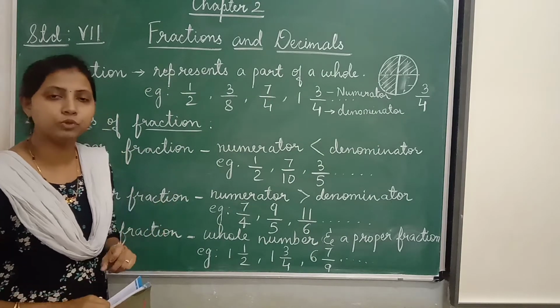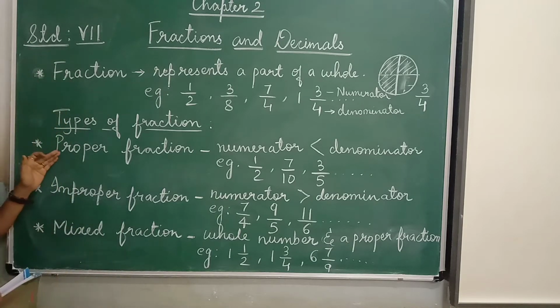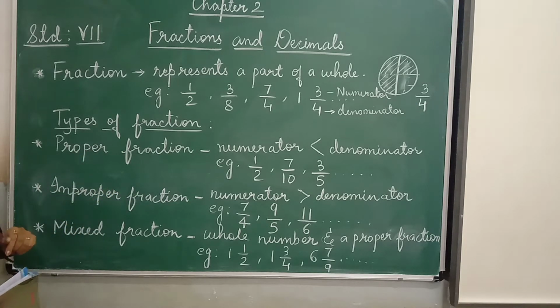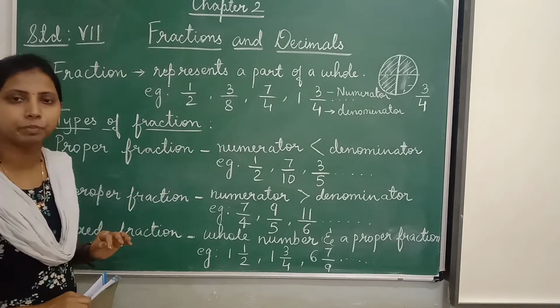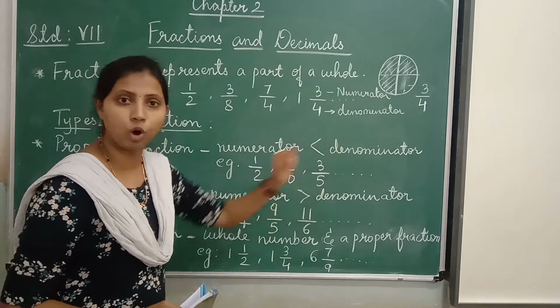There are 3 different kinds of fractions: proper fraction, improper fraction and mixed fraction. Okay, children? So what is the meaning of proper fraction? Proper fraction means when the numerator is less than the denominator.